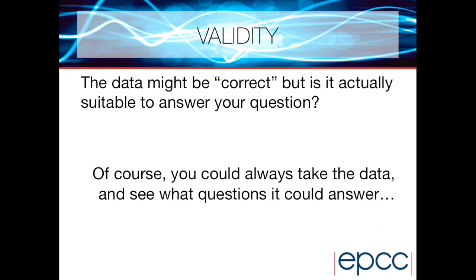So either having very well labeled data that's linked together so you can work out what it's actually about in more detail. And this also relates back to the idea of substantive expertise, having an expert in the subject that you're working on and the question that you're trying to answer, because this is very important to being able to make sure that the data that you have is actually suitable to answer your question.